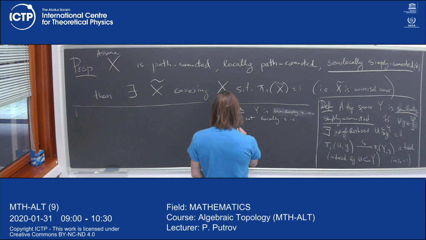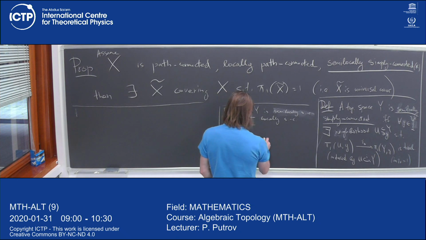Let me start with the first topological space Z. Z will be, if you're familiar with this notion, the example of Hawaiian rings.